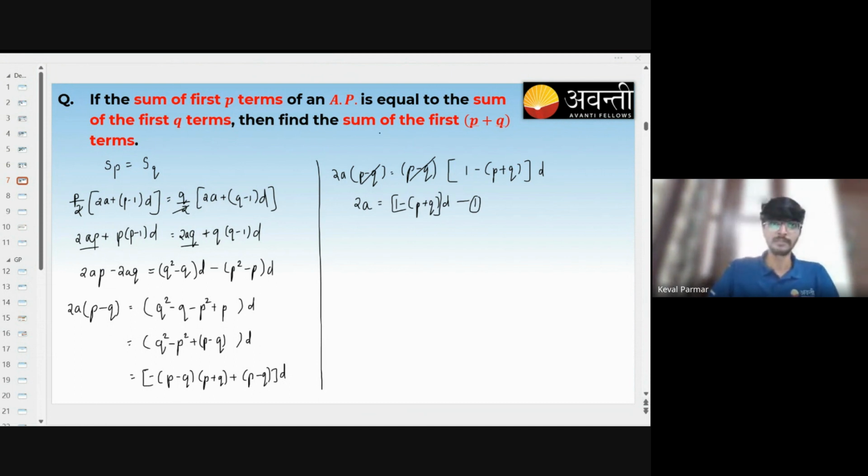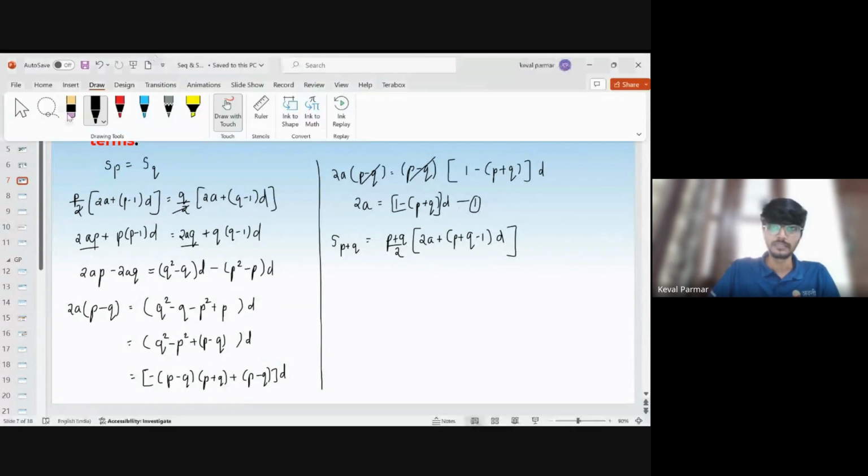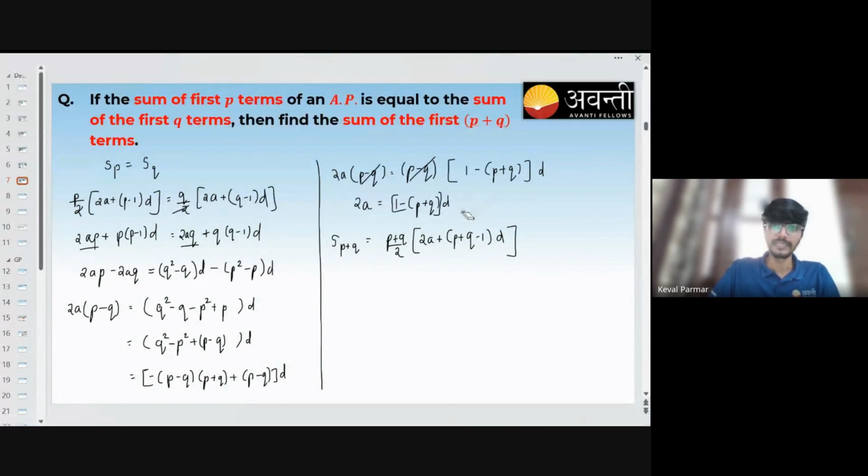So let's see the sum of first P plus Q terms. So they want us to find S of P plus Q. So S of P plus Q will be P plus Q by 2 into 2A plus P plus Q minus 1 into D. Now, as you can see here, this equation number 1, we can modify it.